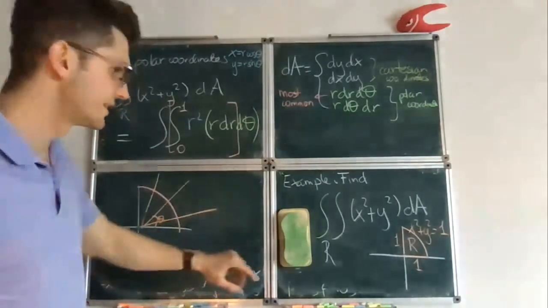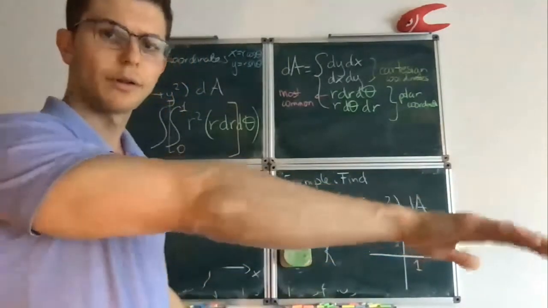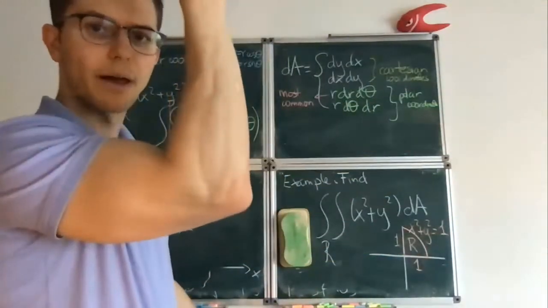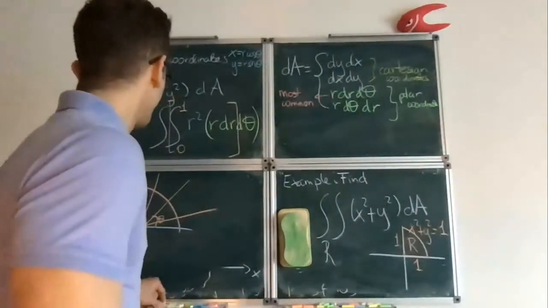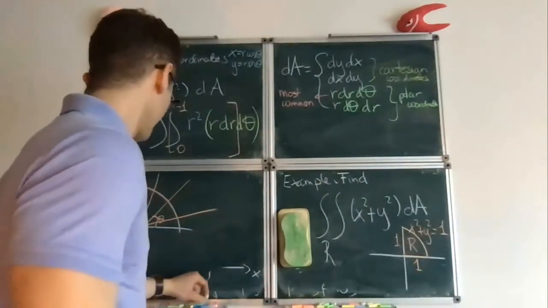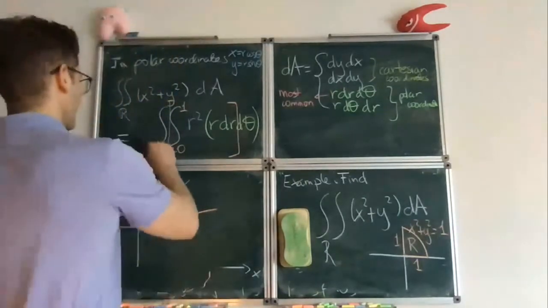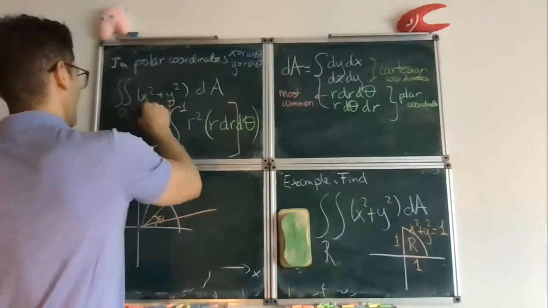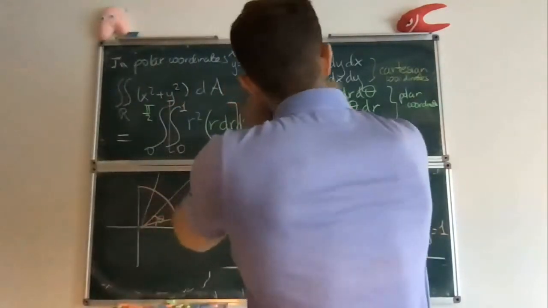This being a quarter of a circle, the angle has to go from 0 to pi over 2. So the bounds are from 0 to pi over 2. Once we did that, then we're good to go.